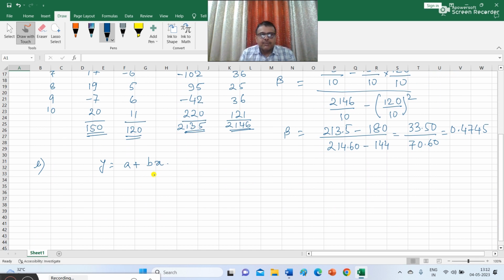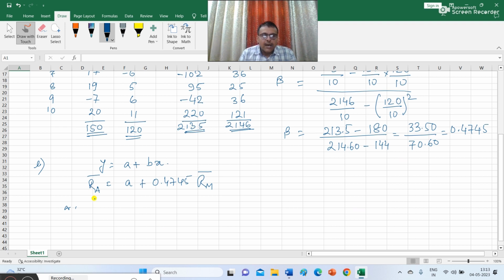What is the dependent variable? That is the return of security A, which is the parameter y. Then you need to find out the value of a. Beta we have already calculated, that is 0.4745, and x represents the independent variable, that is the return of the market. So basically RA bar is the mean value of security A, and RM bar is the mean value of the market portfolio.